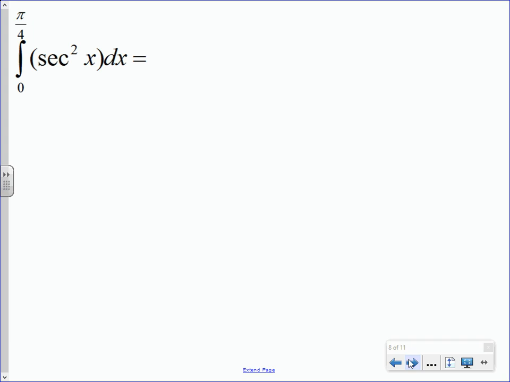Okay, what is the antiderivative of secant squared x, evaluated from 0 to pi over 4? Do you remember when your pre-calculus teacher, potentially myself, told you the unit circle was important? Because you don't want to waste time trying to remember unit circle values when you have to do calculus.